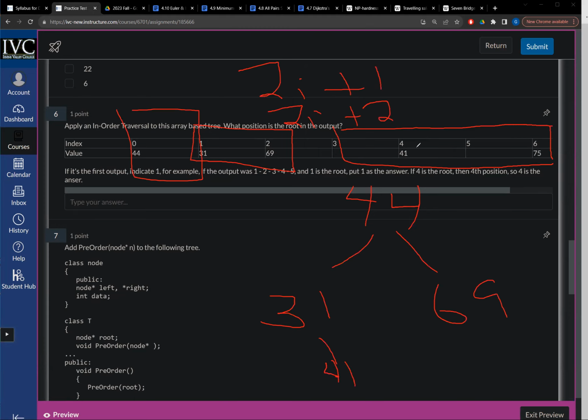What do you want as the right child of 31? 2 times i, which is 2, plus 2 is index 4, right child. All right, 75. Otherwise, you can put empty and empty, just going left to right.